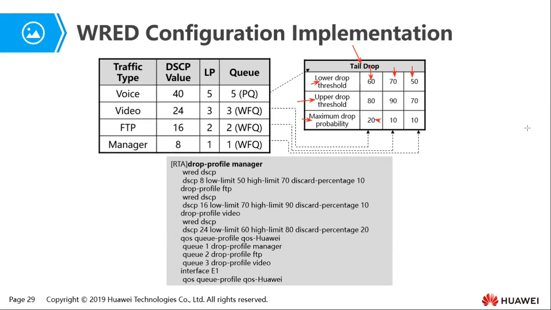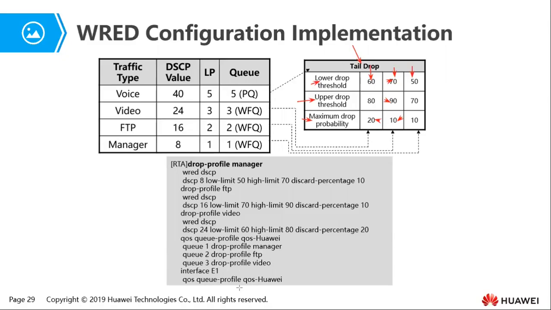That is what maximum drop probability means. Similarly for the FTP, between the lower and upper drop thresholds, the maximum drop probability is 10%. And lastly, we have the manager there.